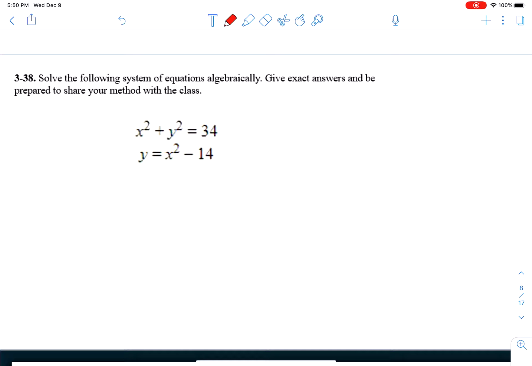So if I'm going to work to solve this system of equations algebraically, I have to think about using substitution or using elimination. I like to try and eliminate a quadratic variable. So while I could take the y and plug that into the first equation, I'm going to actually rearrange that second equation to get the x squared by itself.